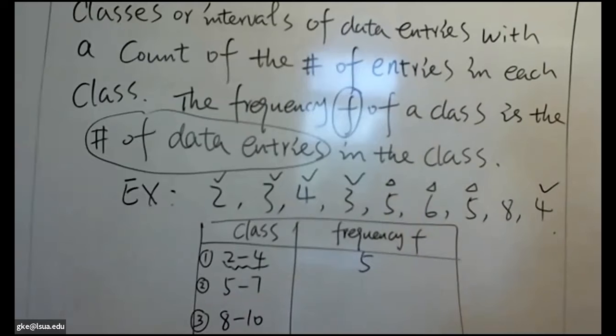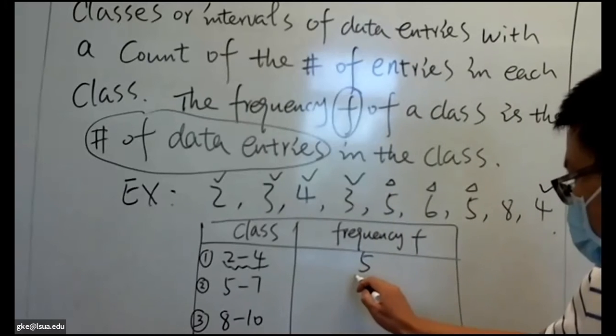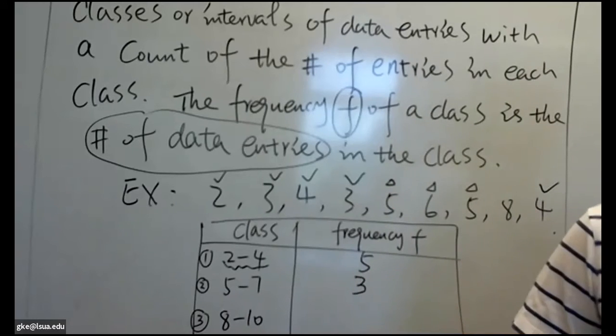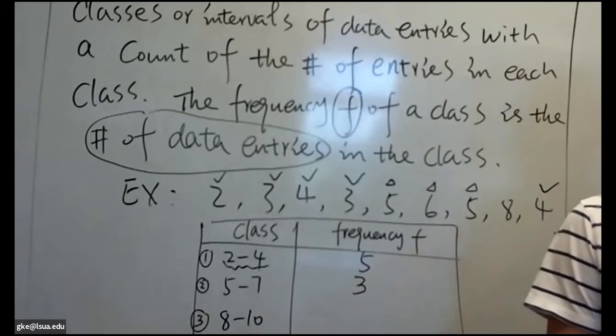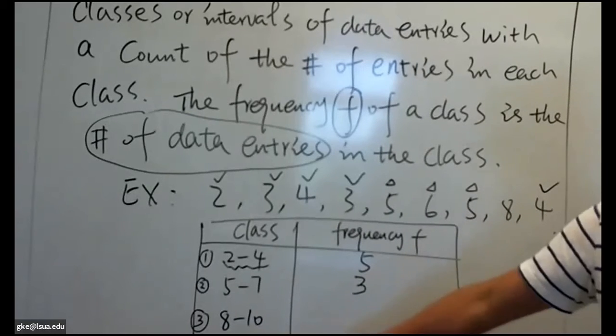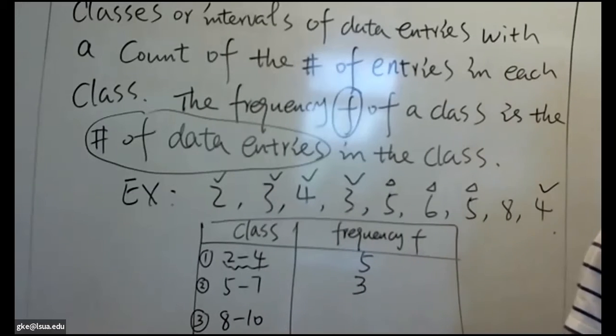So we write down the frequency, that is 3. Okay, clear? For the last class, between 8 and 10, we have only one.